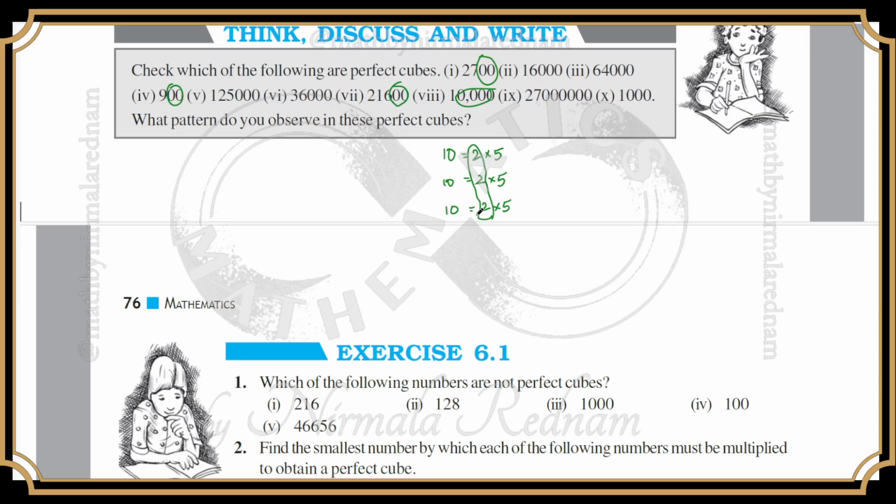So we have been sticking to that rule. But what I'm saying is, if at all the number of zeros in the end is not a multiple of 3, as in the case of the 1st number, the 4th number, the 7th number and the 8th number here, then you can conclude that it can't be a perfect cube.